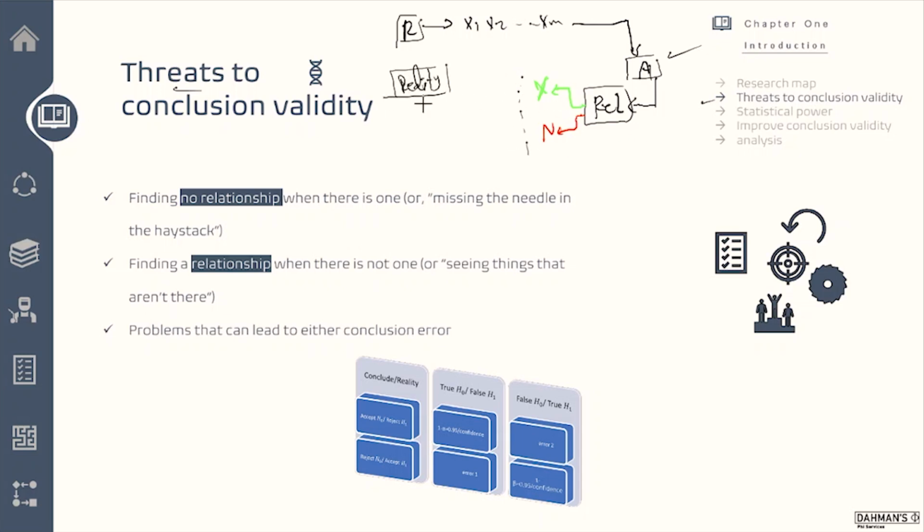Imagine in reality, when you have suggested, yes, there is a relationship, actually there was no relationship. Or the other way around, when you suggested there is no relationship, there was actually a relationship. This is the first kind of issue you need to be aware of. And once you are building up your analysis, you might want to take into consideration this margin of error as well.